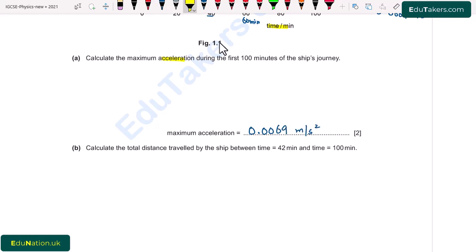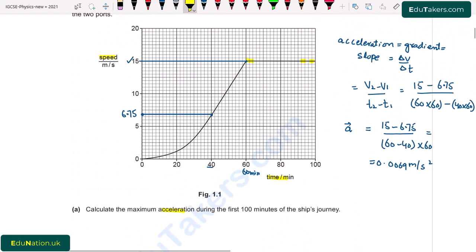Part B. Calculate the total distance traveled by the ship between time t equal to 42 minutes and time t equal to 100 minutes. Here we have to calculate the total distance covered by the ship. So going back to the graph. 42 minutes is at this point.